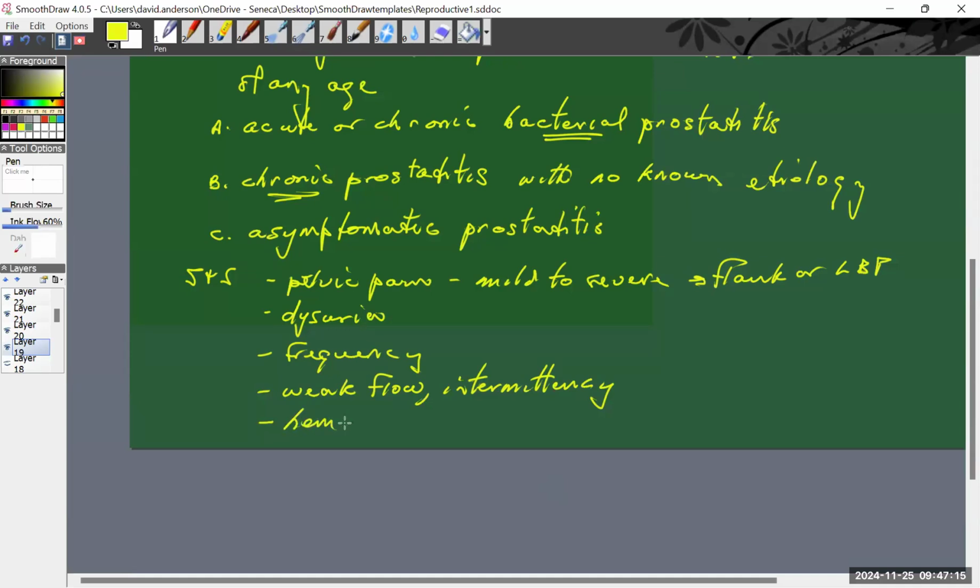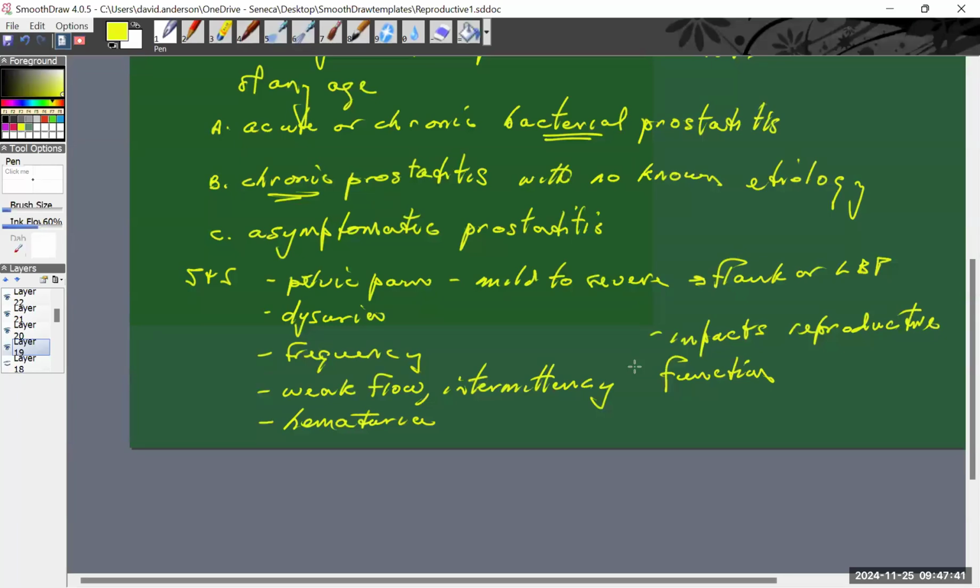Sometimes there may be some blood in the urine, hematuria, so we have to differentiate that from other renal dysfunctions. And it may have an impact on the reproductive functions of a male as well.